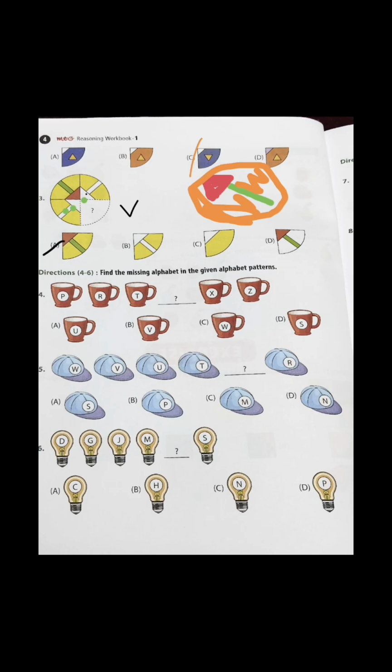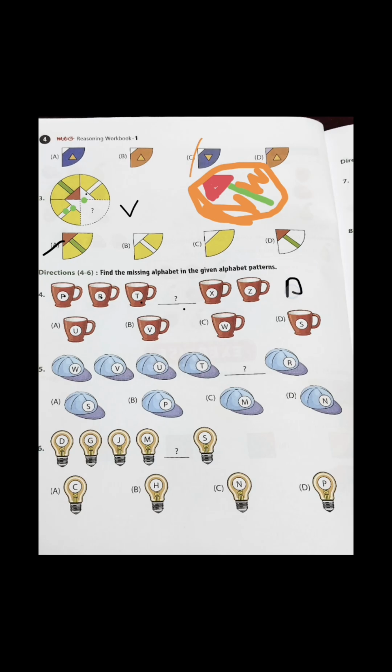Directions are given here and it's written: find the missing alphabet in the given alphabet patterns. In question number 4, P R T and after that what? You can see that the pattern is adding two letters.